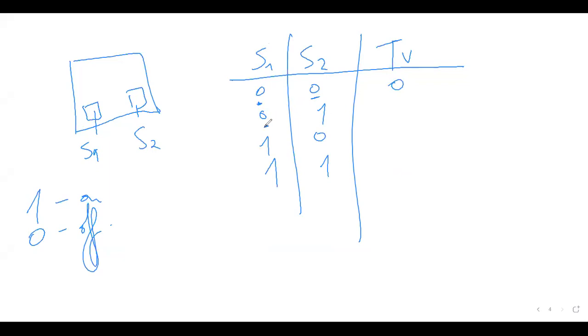When S1 is off and S2 is on, our TV is off. The same here, when S1 is on and the other one is off, our TV is off. Only when both the switches are on is our TV on.